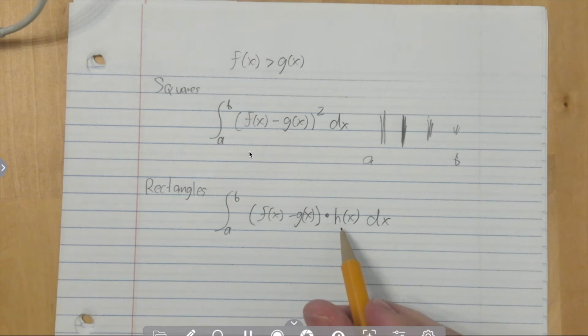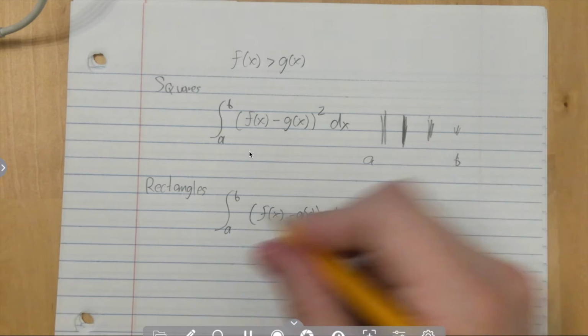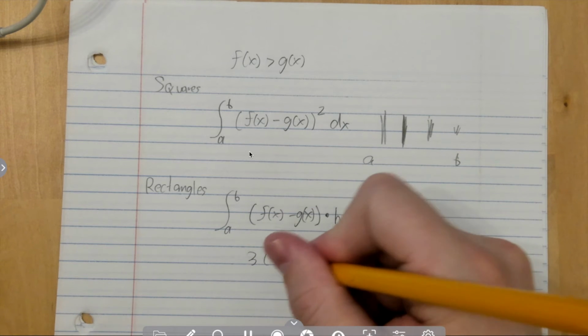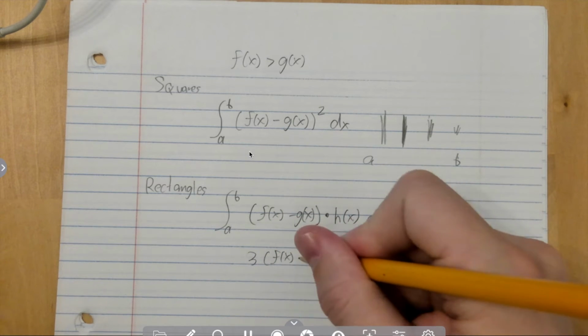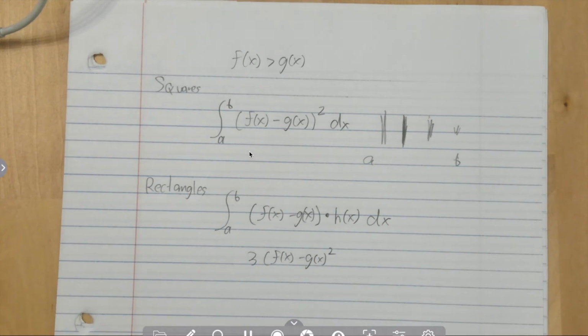What's going to happen with that is that h of x could be a number of different things. They might say it's 3 times this, so then you would have f of x minus g of x times 3 times f of x minus g of x, which means that's your area formula for the rectangle.